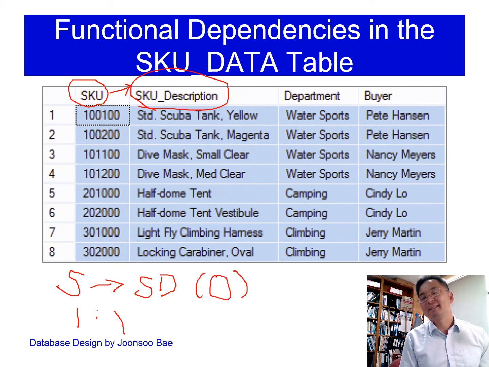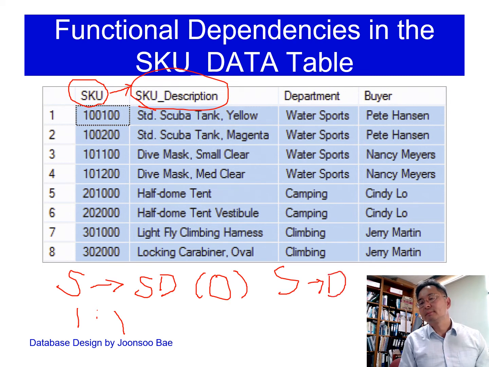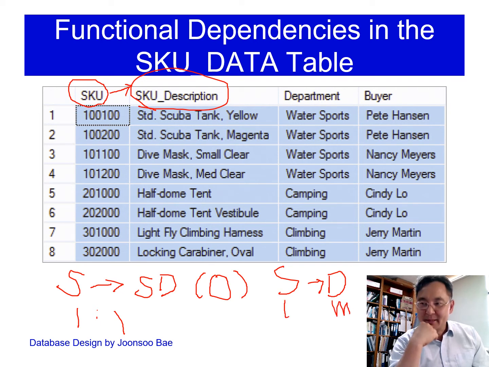So it is called functional dependency. Okay, so SKU can be the determinant of SKU description. How about SKU will determine department? Yes, you must examine all the data in here first. So this is a one to many mapping. Okay, it is a functional dependency.